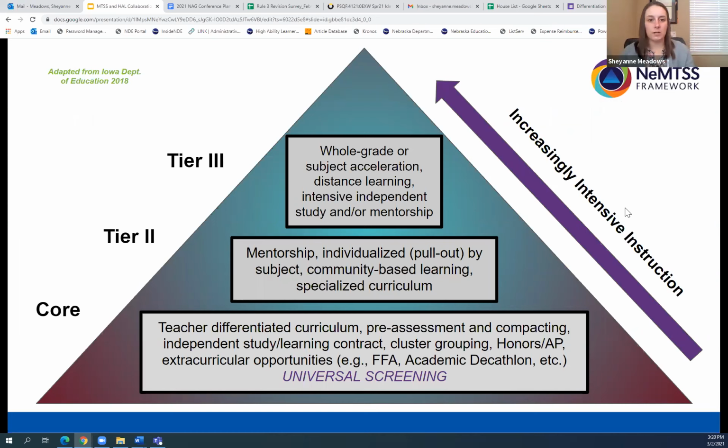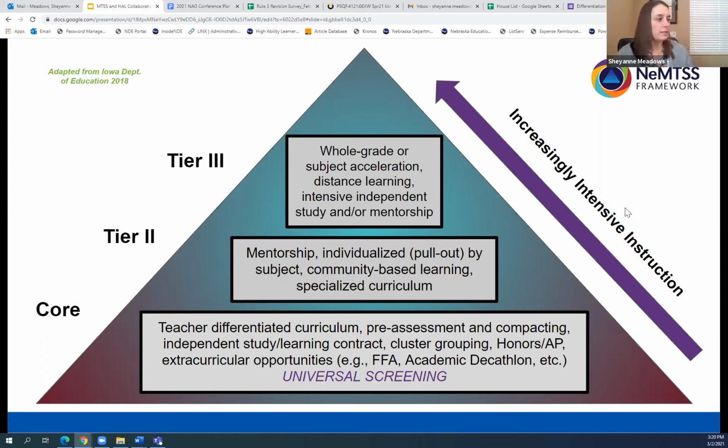So when we think about making these connections with students, we want to think about, again, that problem solving model and how can we go from core instruction, and when we see need for increasingly intensive interventions, what might that look like for high ability learners?